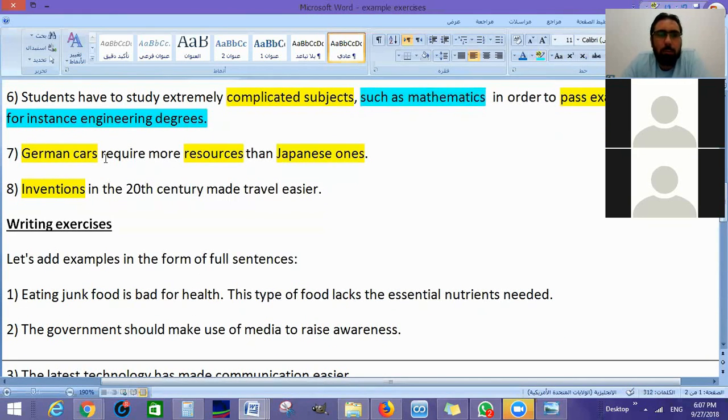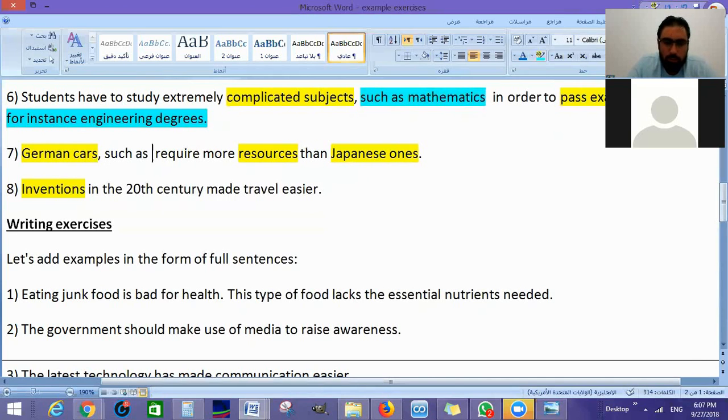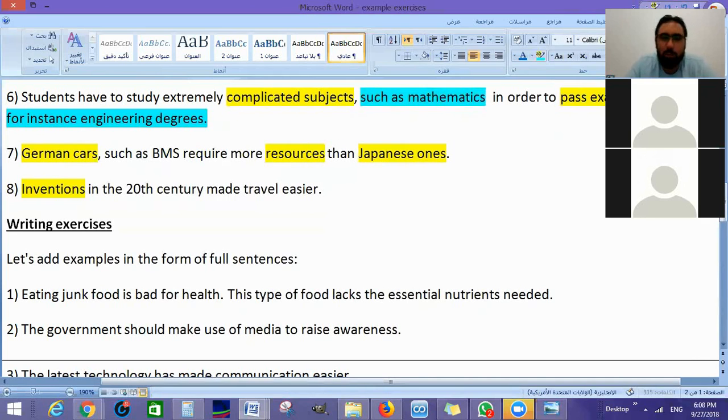Germans require more resources than Japanese. Okay, so let's give some examples here. Such as, I'm not sure with this one. Okay, BMWs, it's a German car. We have Mercedes-Benz and Audi.